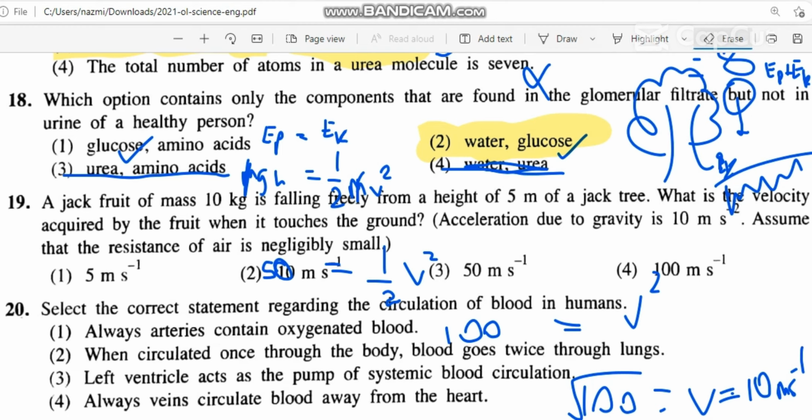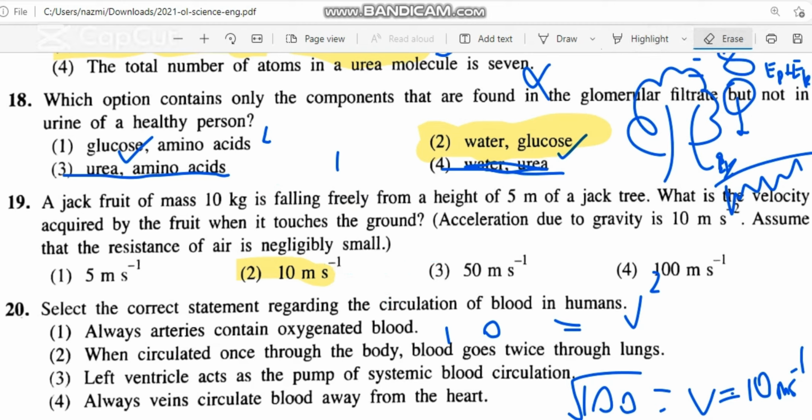This is how you should solve this. So our answer is the second one. If you are clear with the work energy lesson, you can do this. Always remember these types of questions we have to solve this way, by equating the potential energy equation and the kinetic energy equation.